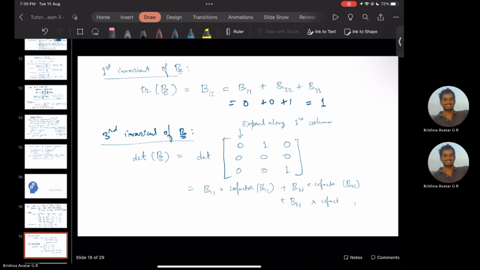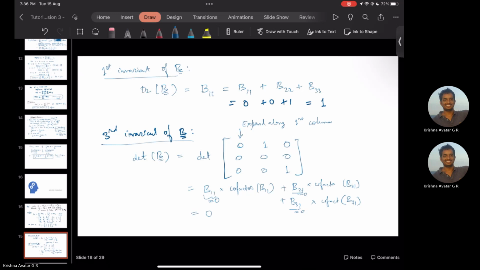Now ask me why I'm taking the first column. You know the answer, right? What is the value of B11? This is 0. What is the value of B21? This is also 0. What is the value of B31? This is also 0. So I don't care about the cofactors, I don't need to compute them. Why waste energy, right? So all we have is 0.